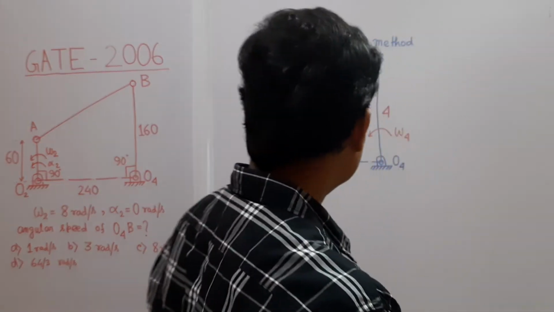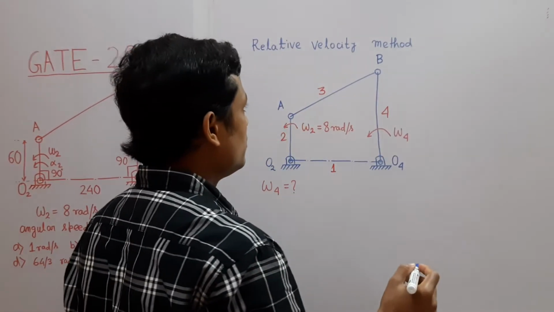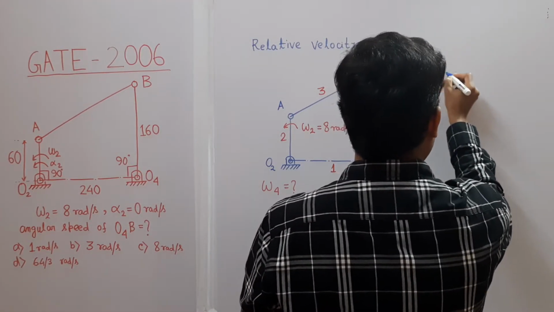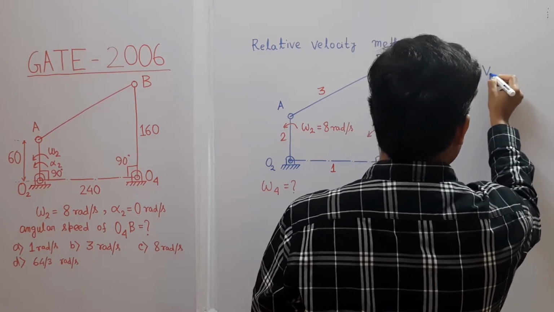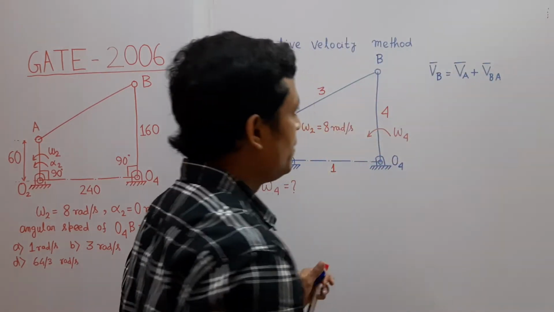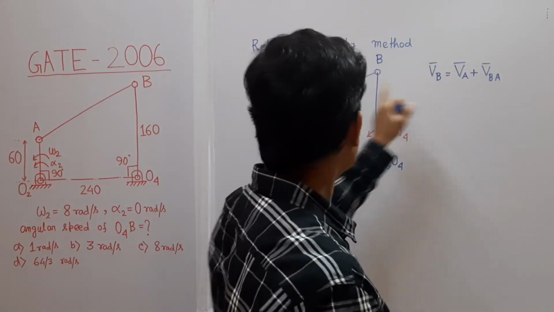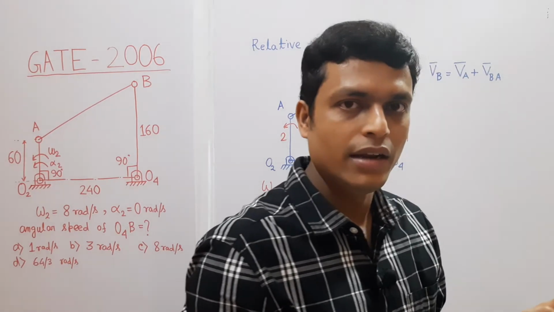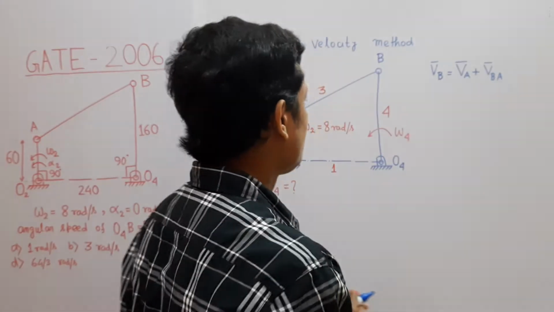What we will do first, we will write the vector equation of velocity, that is Vb is Va plus Vba. Vb is velocity at point B, Va is velocity at point A and Vba is relative velocity of point B with respect to point A.